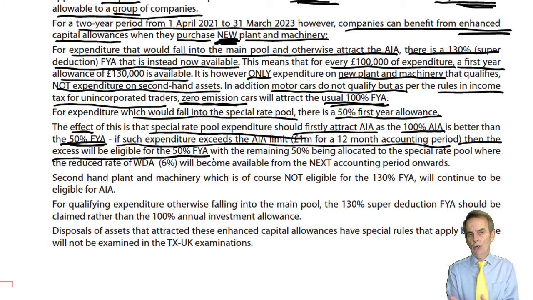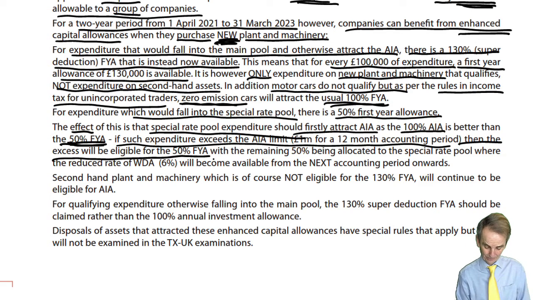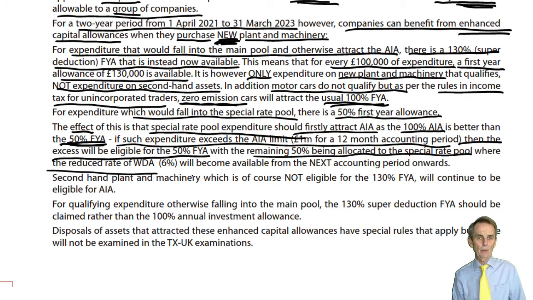The balance of £100,000 that remains, you can't have the 6% WDA on this accounting period because you already had AIA and you've had FYA. You won't get the WDA there, but that 6% WDA will be available from the next accounting periods onwards. And there we go, the remaining 50% being allocated to the special rate pool, where that reduced rate of WDA of 6% will be available from the next accounting period onwards.